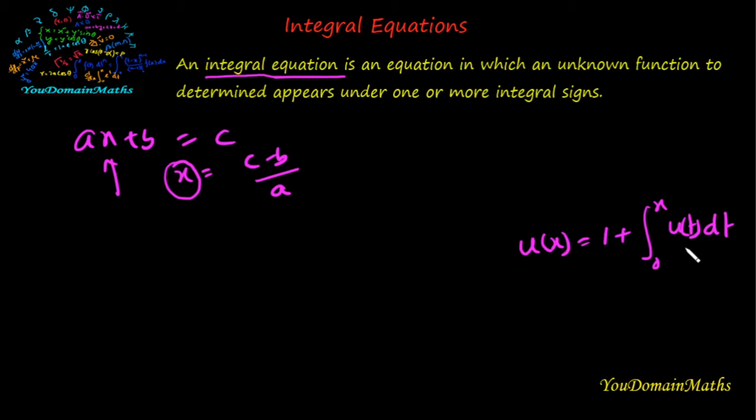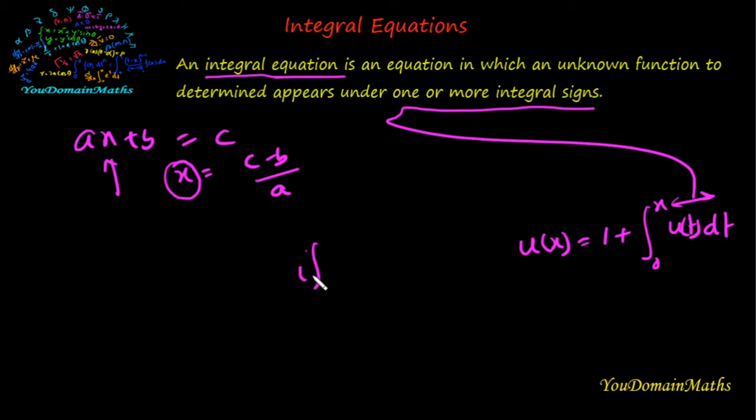It is possible. Using u(t), that means the function u(x), and integrating the function and adding 1, it equals u(x). Interesting: here the unknown function appears under the integral. So this is the integral equation.